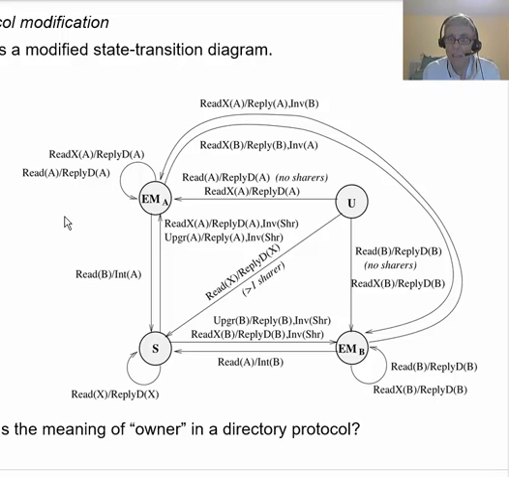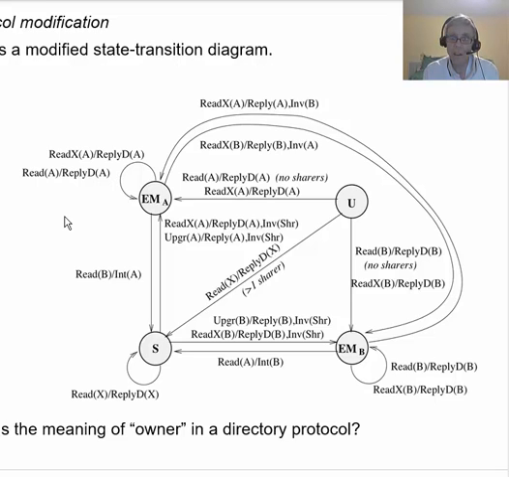And if there's a read X, well, then the block is going to move into state EM sub A as well. If there are no sharers or if the block is being read with an intent to write, then it moves to state EM, in this case EM sub A.